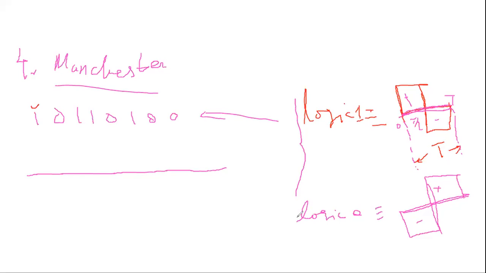This is your Manchester. Okay, so now we try to complete it. For 1, it will start with positive half, then 50% negative. This is your logic 1. Now 0 is there, isn't it? For 0, see, it goes negative to positive.